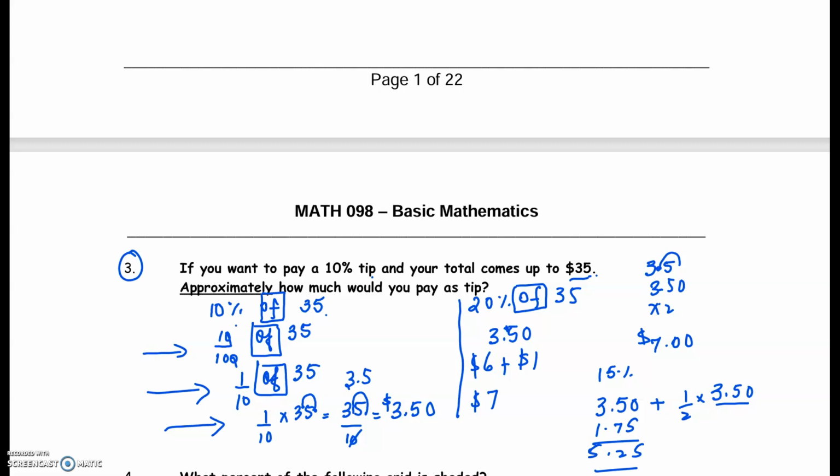Now if we have to pay a 15%, so that would be $3.50, and in addition you're going to pay not double but only half of $3.50. So you're not going to pay 20%, which is the double, but you're going to pay half of $3.50, which makes it a 15%.